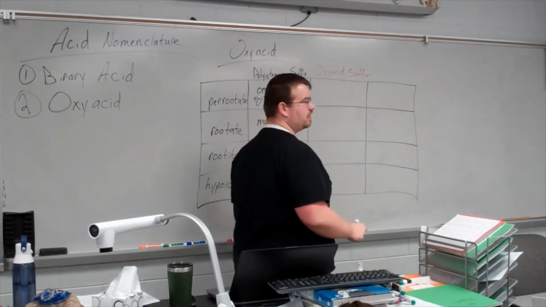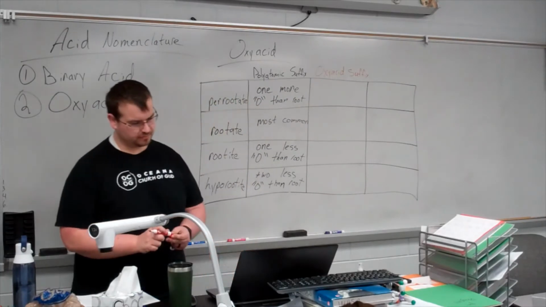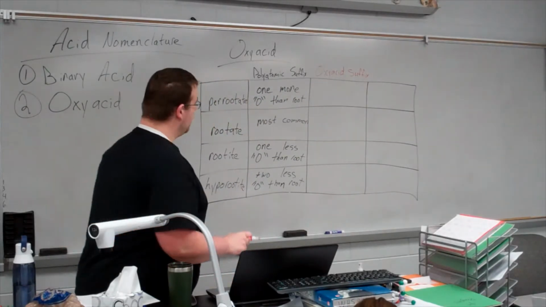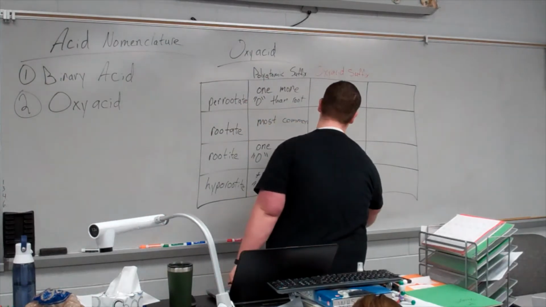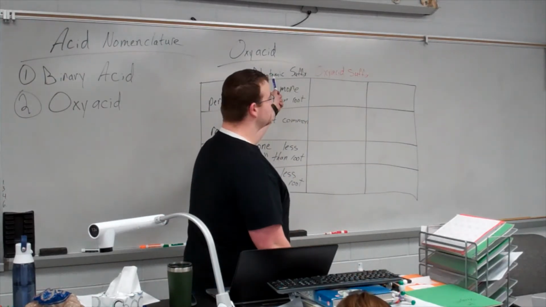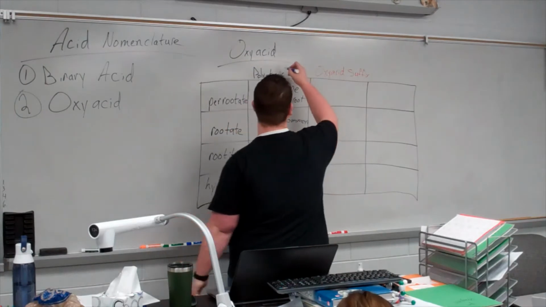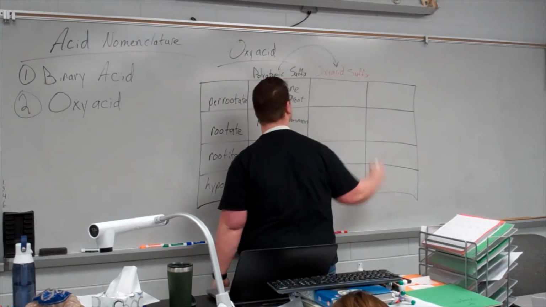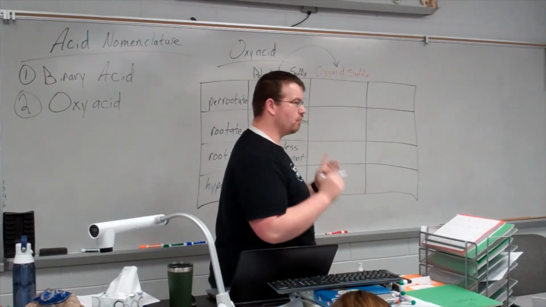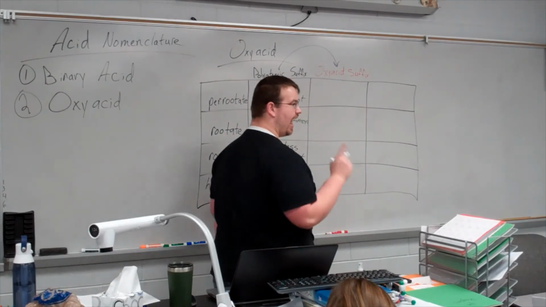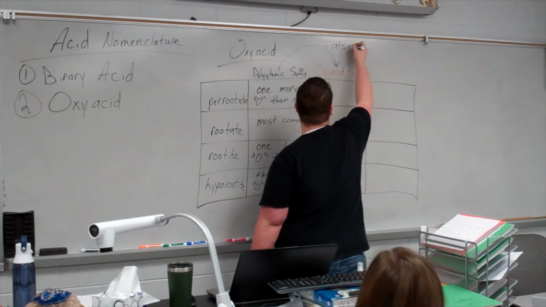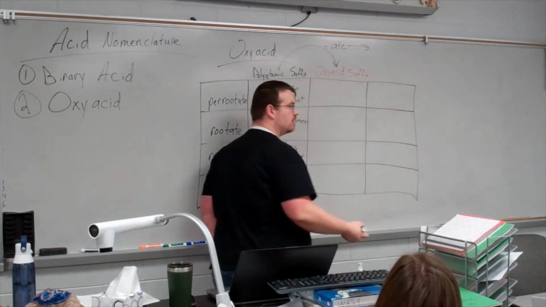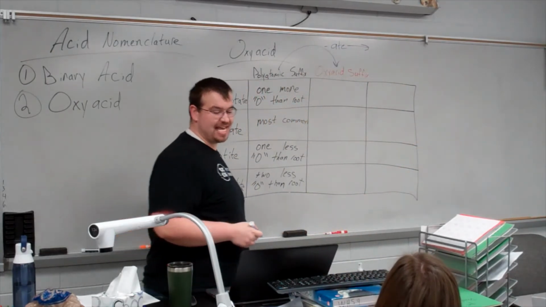We save the best for last, ladies and gentlemen. Here is the golden rule. Whenever you go from polyatomic suffix to oxyacid suffix, the rule is: ate goes to the suffix "ic."